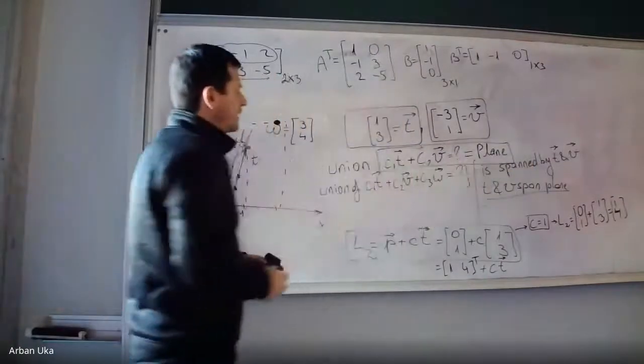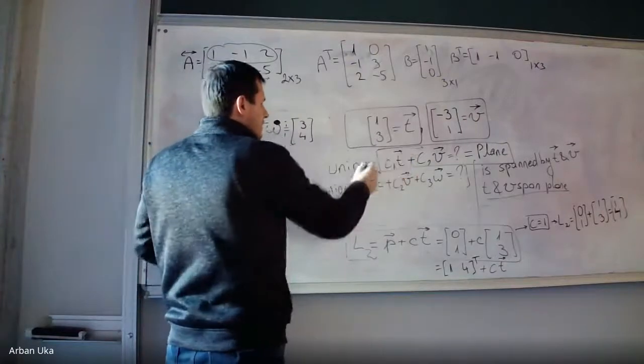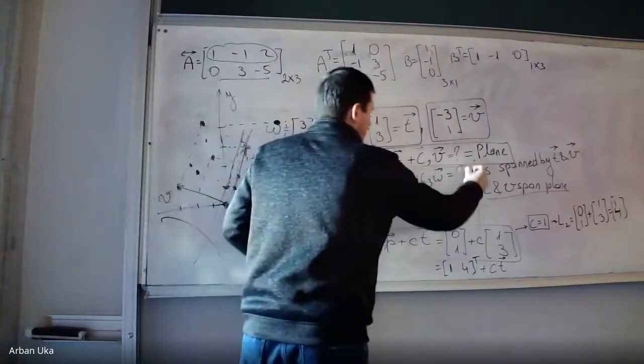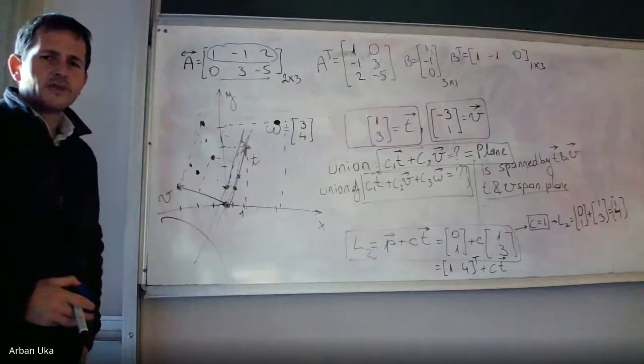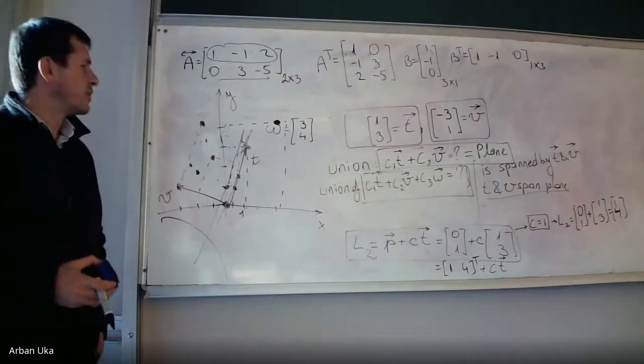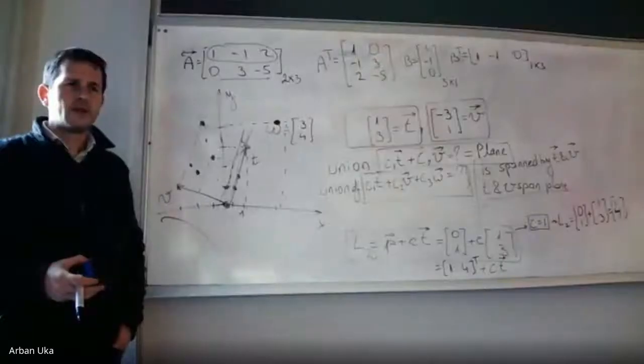So let's compare how well we are doing when using this versus this. Are we adding some new information by having on the board also the W? The span is going to become bigger. The what? The space? The plane, my bad, yes.